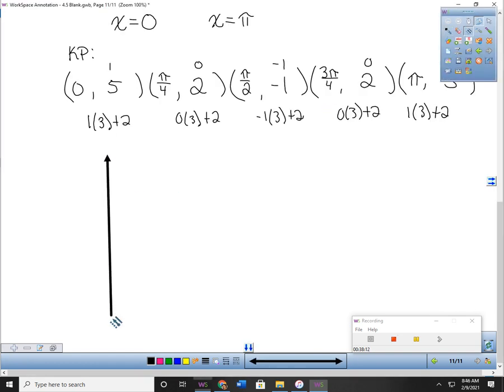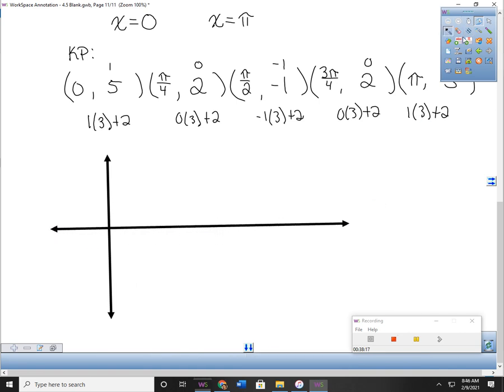All right, so now we are ready. I'm starting at 0, so put this over here. So I know the highest I'm going to go up is 5. And then the lowest I'm going to go is negative 1. And then I know I'm going to be counting by pi over 4s, right?